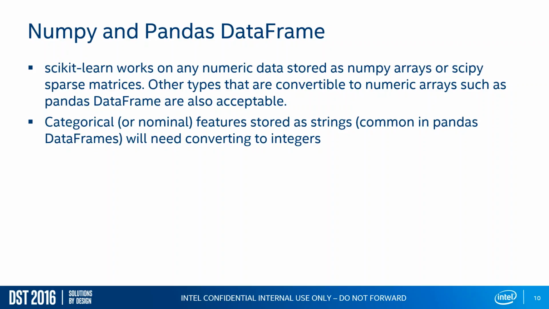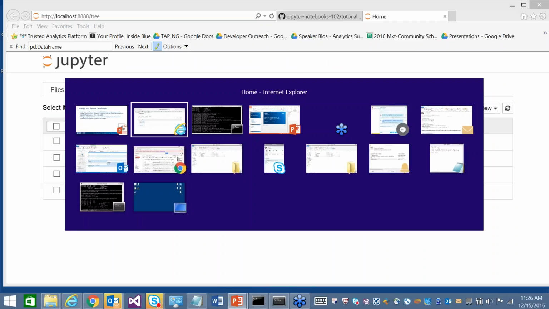Sometimes, though, you need to convert your data, and you might want to use the pandas data frame as well. We'll use that a little bit in this tutorial. And finally, when you're using your features, sometimes you need to convert them, so we're going to use pandas for that as well. All right, so let's get back to the workshop.